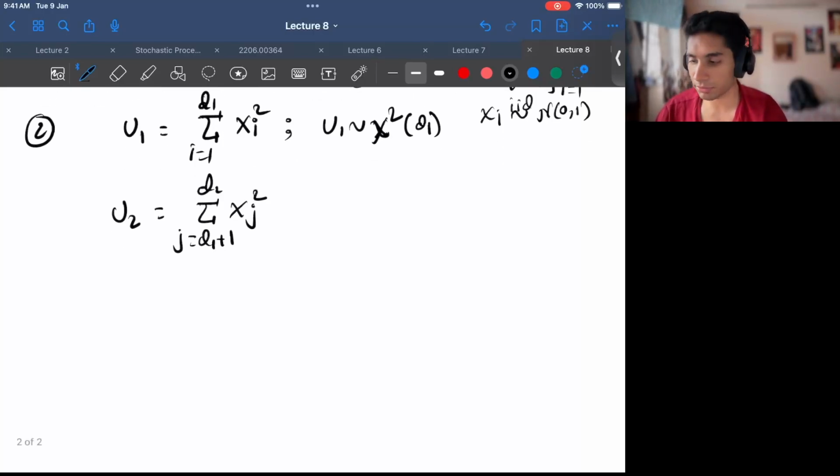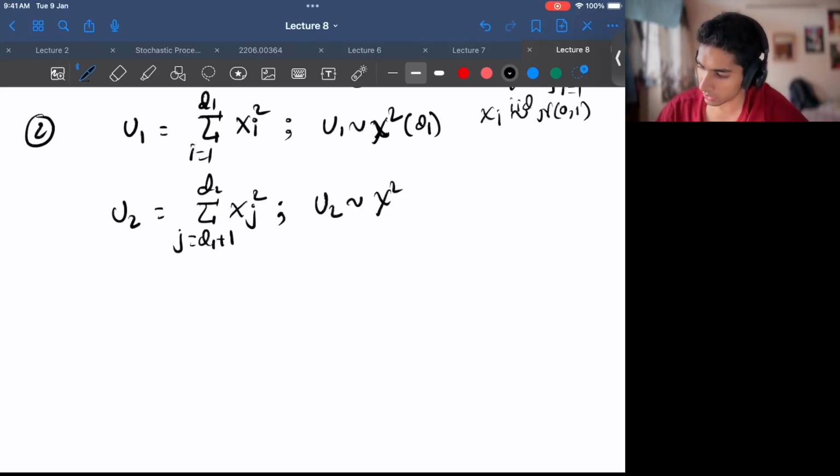So u1 is a chi-square random variable whose degree of freedom is d1. Similarly, u2 is again a chi-square random variable with degree of freedom d2.